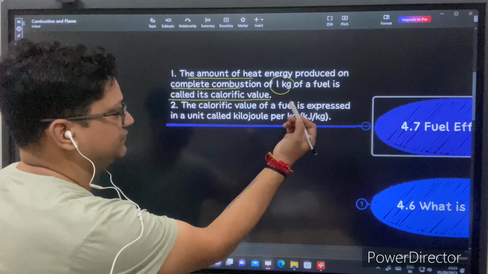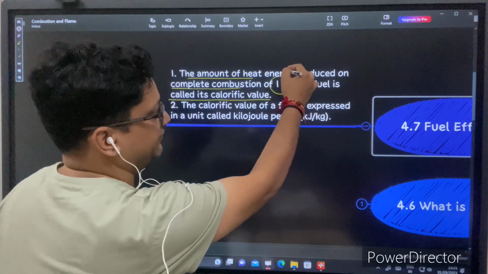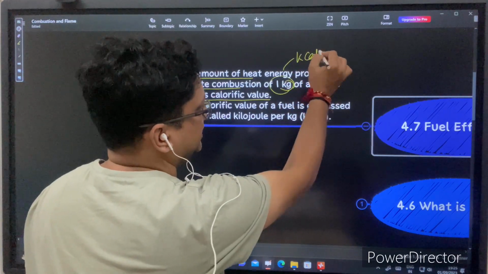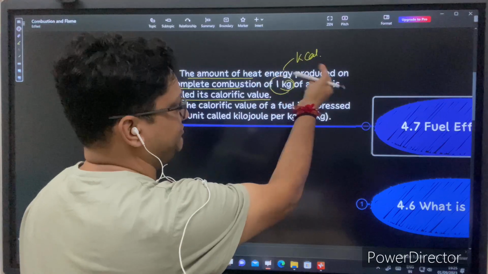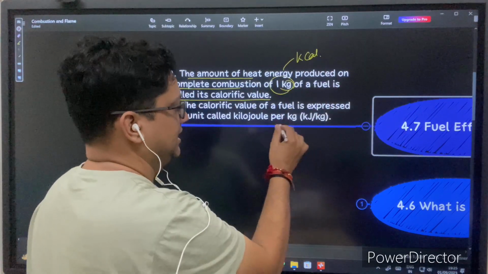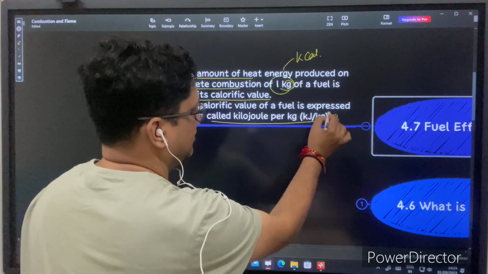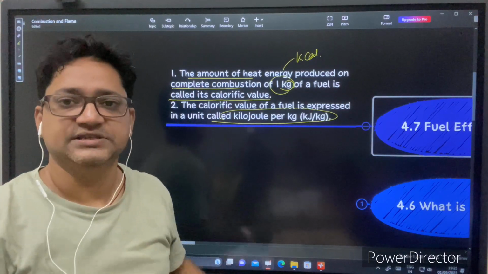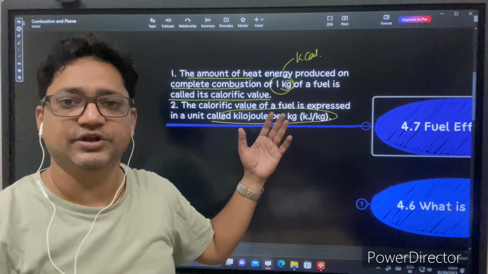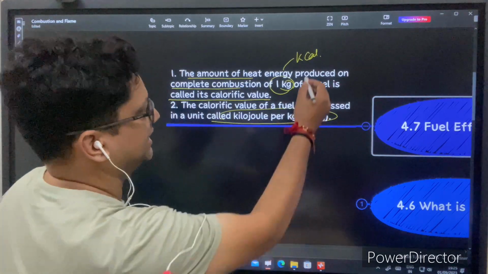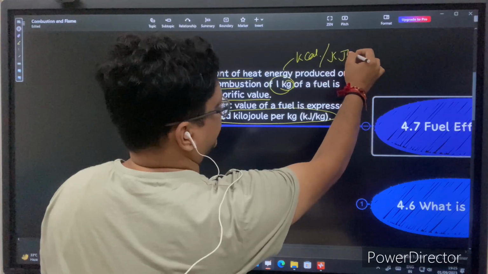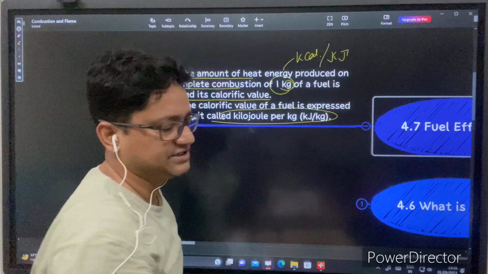What is the unit for calorific value? If you are using kilogram, obviously kilocalorie will be the energy. If energy is being produced per kg, then you can easily see the unit for the calorific value: it is kilocalorie or kilojoule per kg.